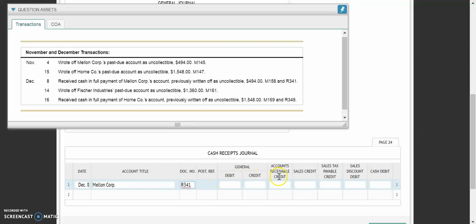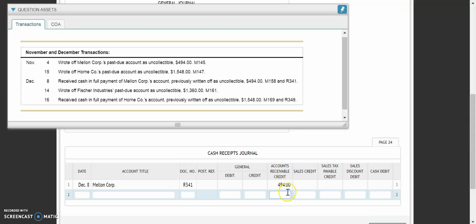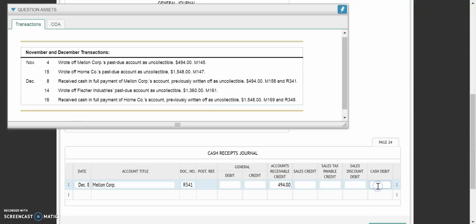And then we go all the way over to the accounts receivable credit. So remember that this $494 credit is actually going to accounts receivable and Mellon Corp. And then our debit is for cash for the $494 to show that they did indeed pay us that amount. Okay.